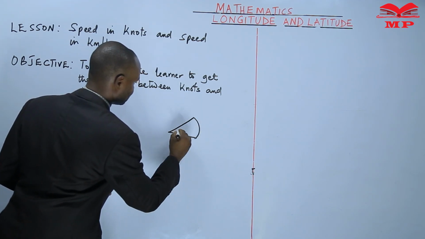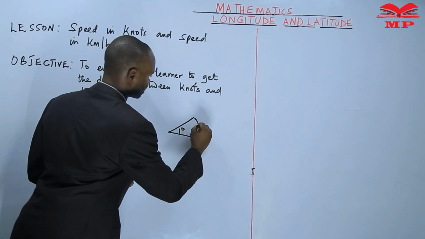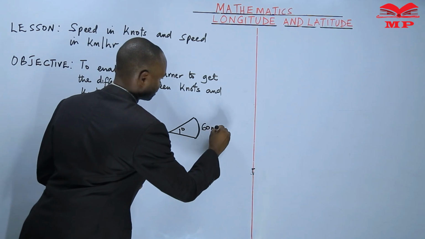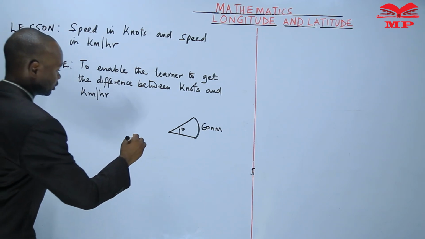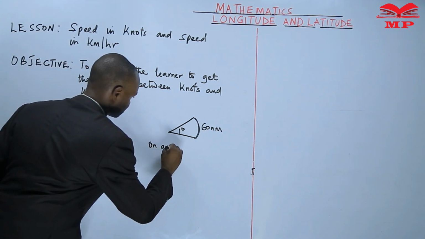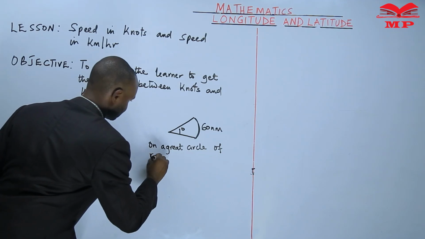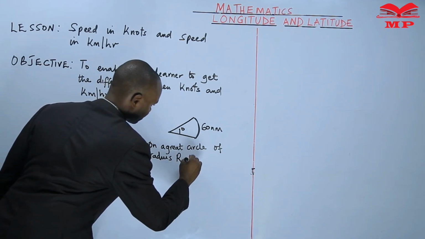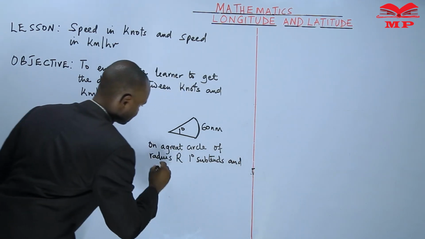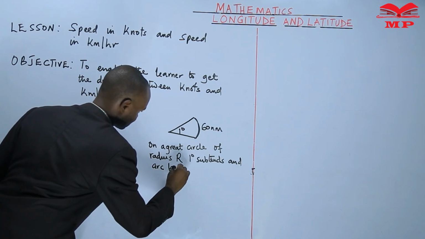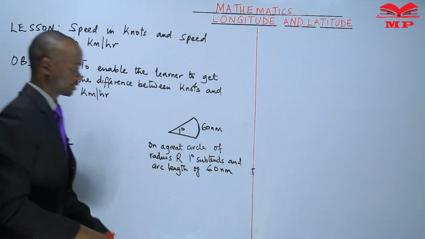On a great circle of radius r, 1 degree subtends an arc length of 60 nautical miles.